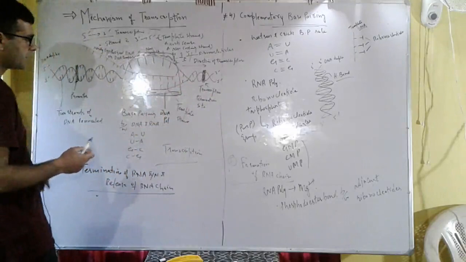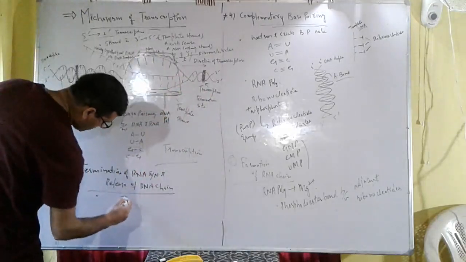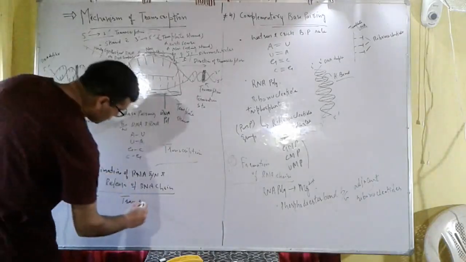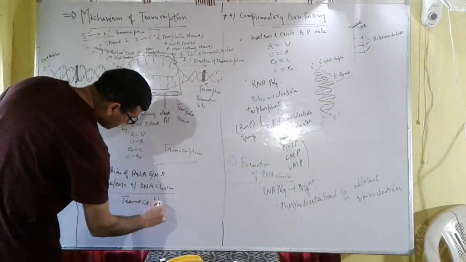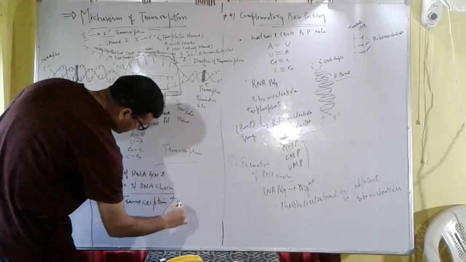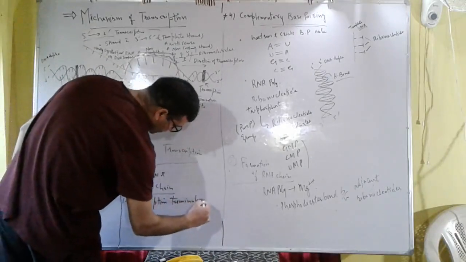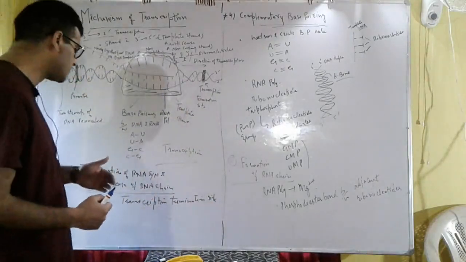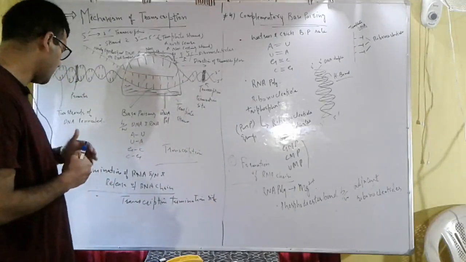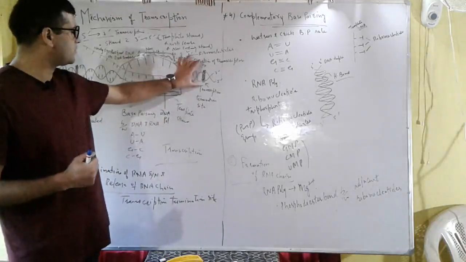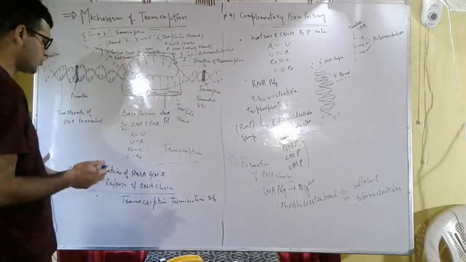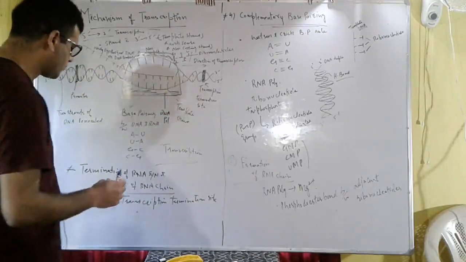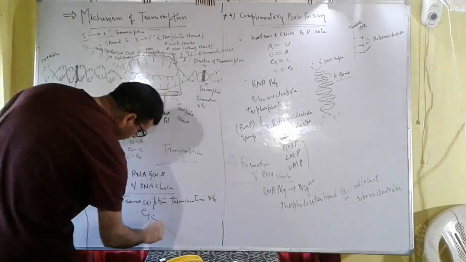This transcription termination site is present on the DNA duplex, and when the RNA polymerase reaches it, the transcription stops. This transcription termination site has a special sequence which is guanine cytosine rich.